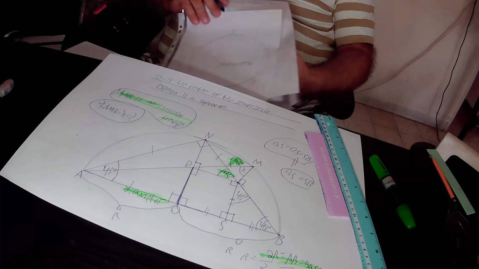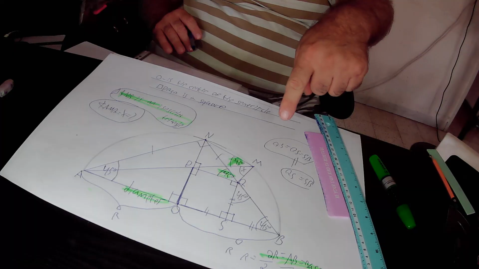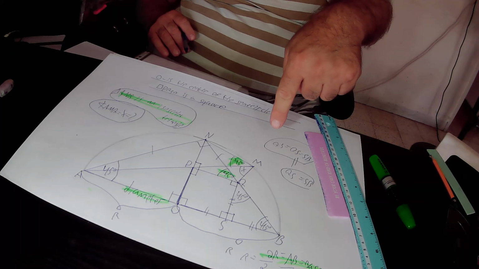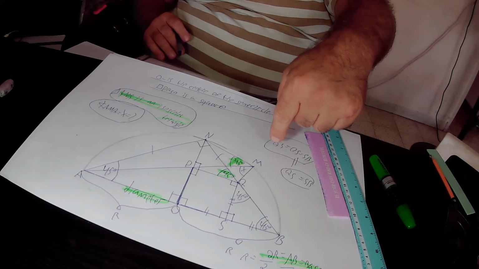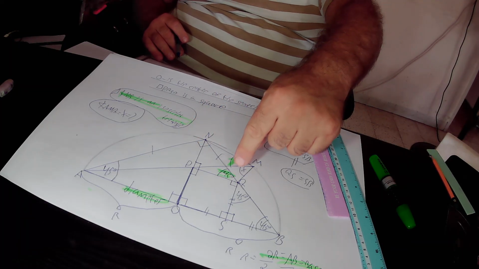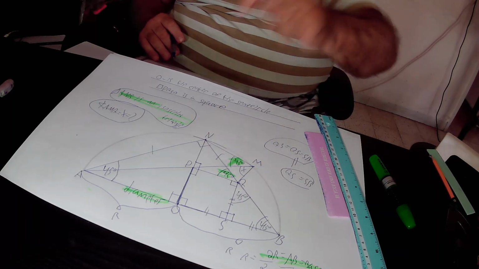So, in conclusion, you can say that we can block those two angles in a circle.